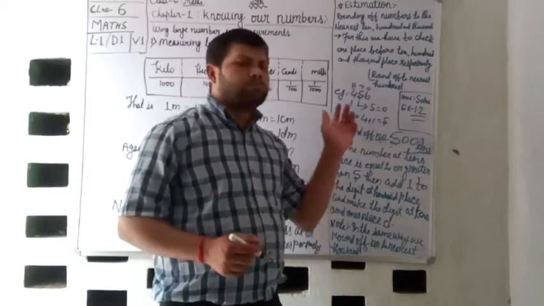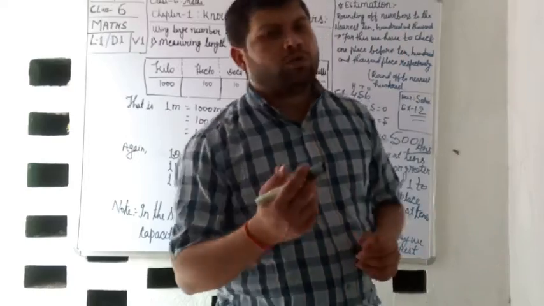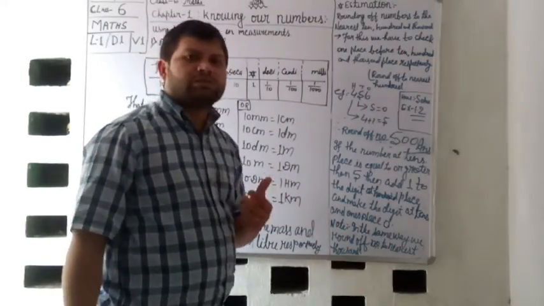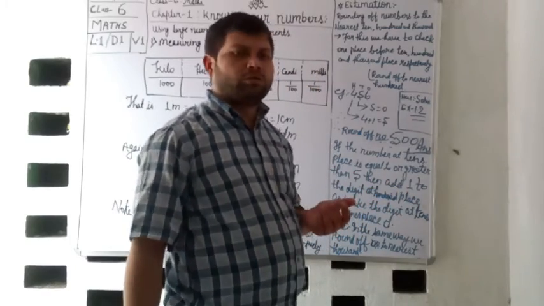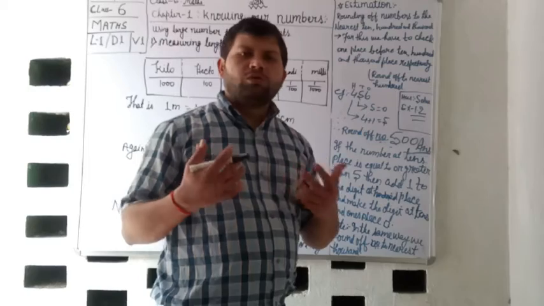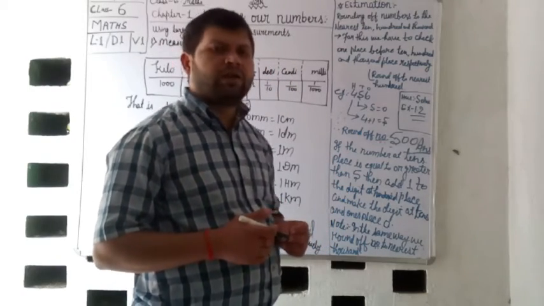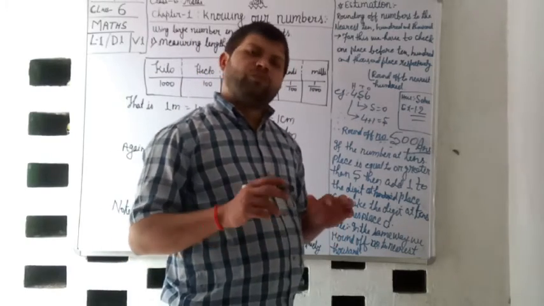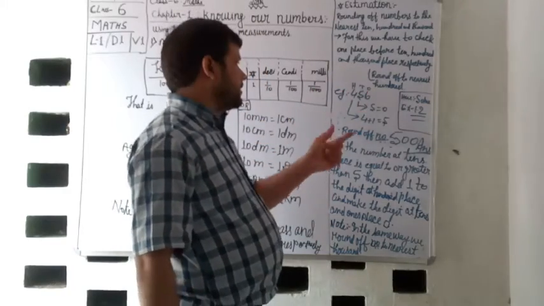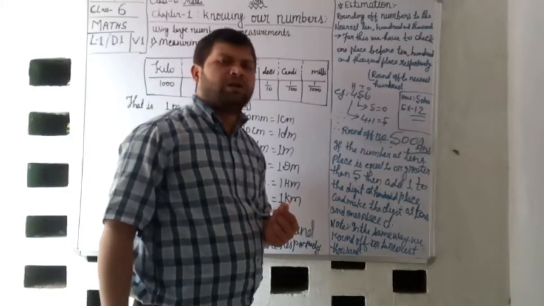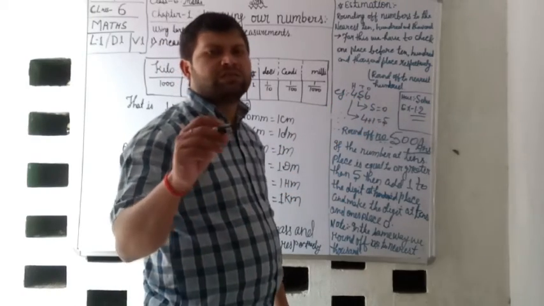Now let us discuss how we round off a number to its nearest 100 and 1000 places. To round off or estimate a number to the nearest 100 and 1000 places, we apply the same rule. What is this? For example, I want to round off 456 to the nearest 100.